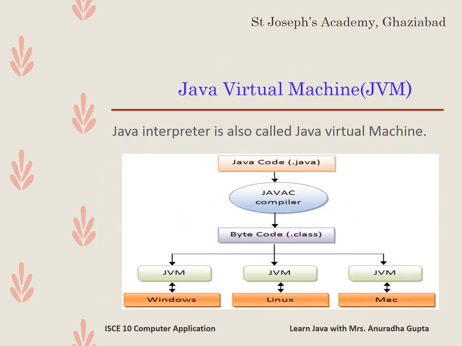Next, you have to learn about the Java Virtual Machine, JVM, which is basically a Java interpreter. Its work is to convert binary code into machine code which is suitable for a specified platform.